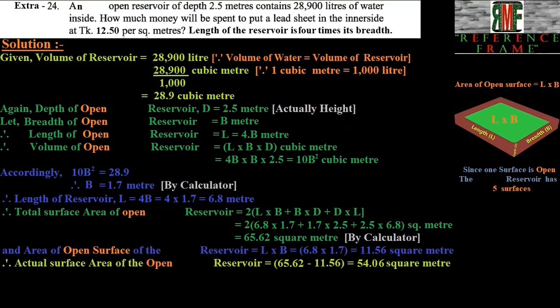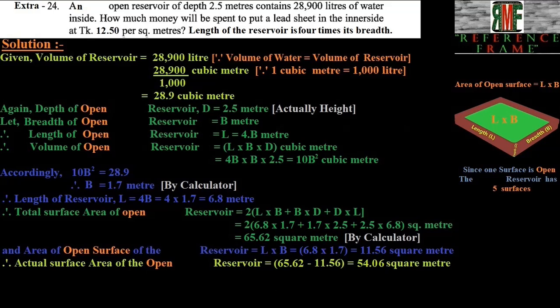So the area of the open surface of the reservoir is going to be length into breadth. Here, because we have different length and breadth, it is 6.8 into 1.7, which is 11.56 square meter, as you can see in the figure on the right, or as we mentioned earlier while solving this problem. Therefore, this is the open surface area, and we have the total surface area 65.62.